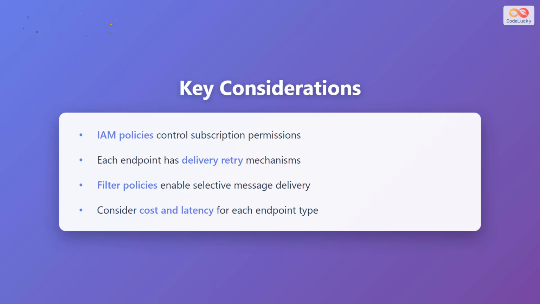Filter policies allow you to implement selective message delivery, so subscribers only receive messages that match specific criteria, reducing unnecessary processing. Finally, consider both cost and latency implications for each endpoint type. Email and SMS incur delivery fees, Lambda has invocation costs, and SQS has request charges. Understanding these factors helps you design cost-effective and performant messaging architectures.